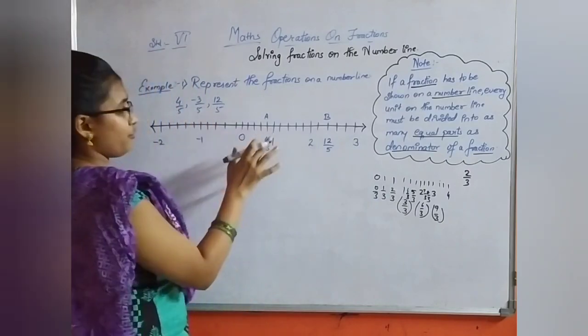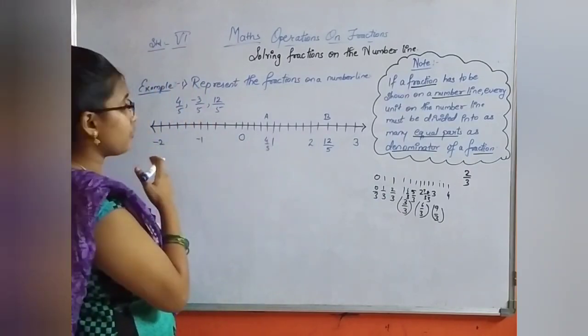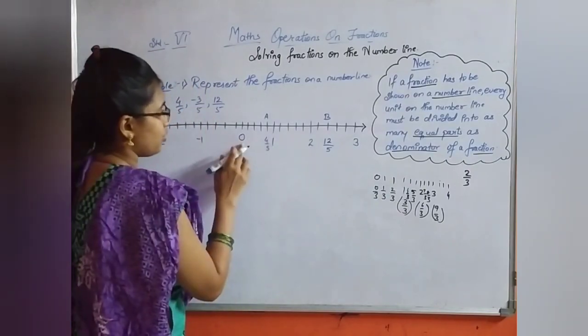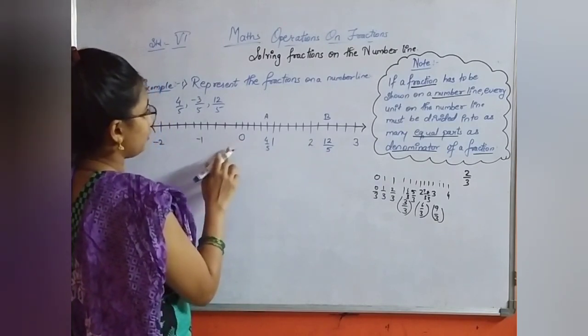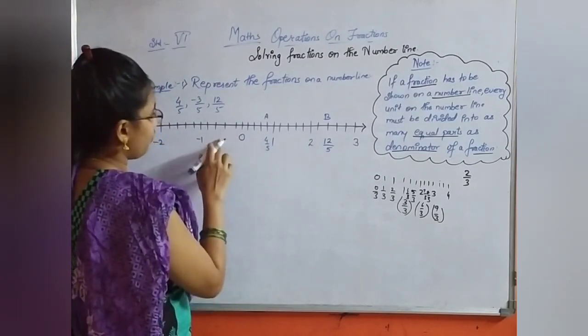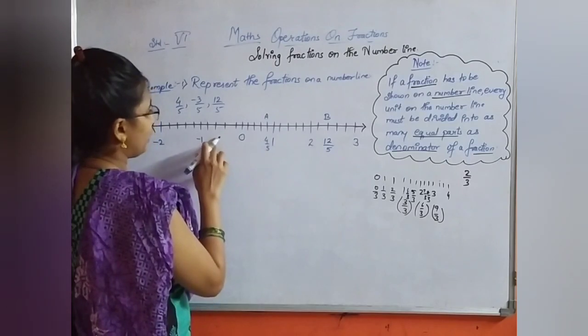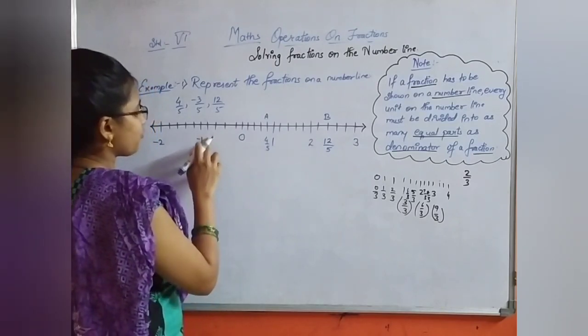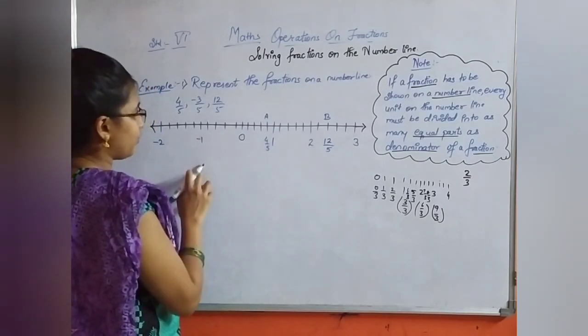So now the positive fractions are done. I will go with the negative, that is minus 3 upon 5. 0 upon 5, minus 1 upon 5, minus 2 upon 5, minus 3 upon 5, minus 4 upon 5, minus 5 upon 5.